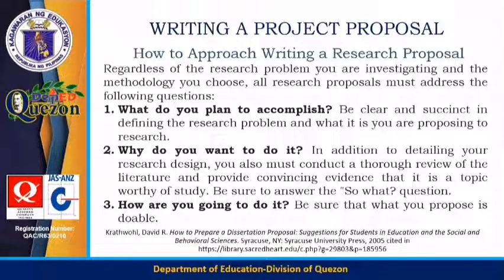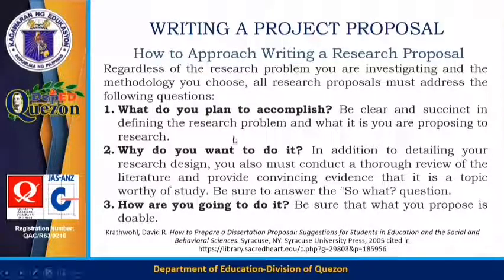Number 3, how are you going to do it? So this is suggestive of the strategies. Be sure that what you propose is doable. So meaning to say, your research project proposal is feasible because this is doable.